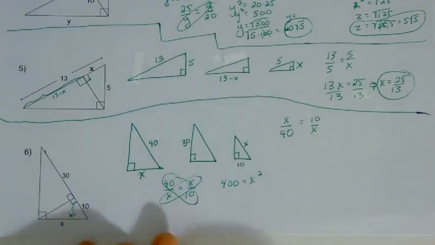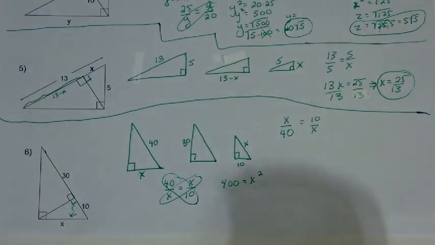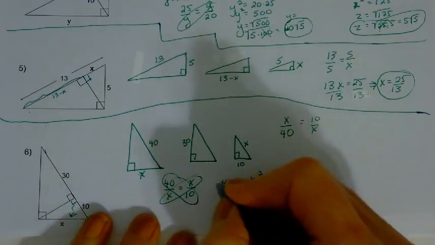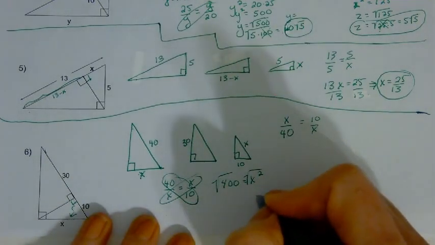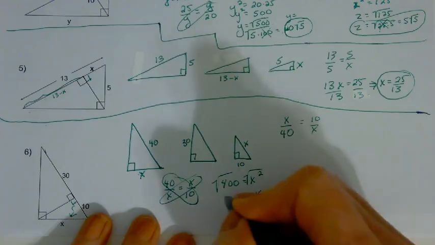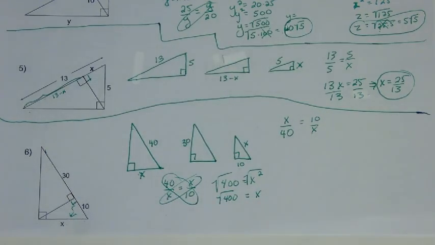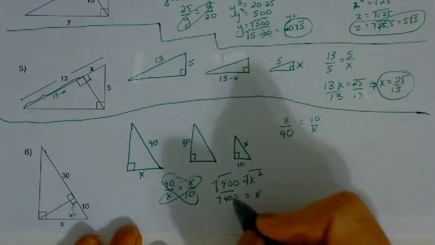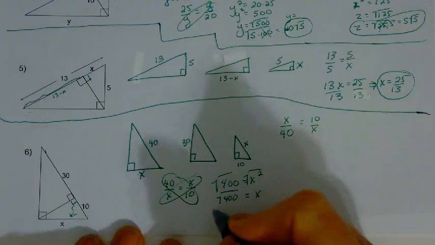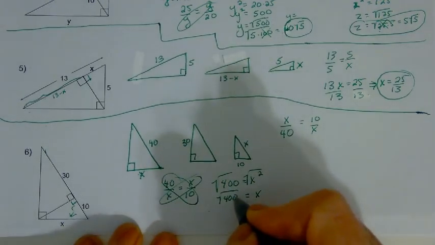Okay, so I'm going to take the square root of both sides. And we get x on this side, and we get the square root of 400 on this side. We are going to need to simplify that. I know that there's a perfect square in there of 100. So I could write this as the square root of 4 times the square root of 100, right?